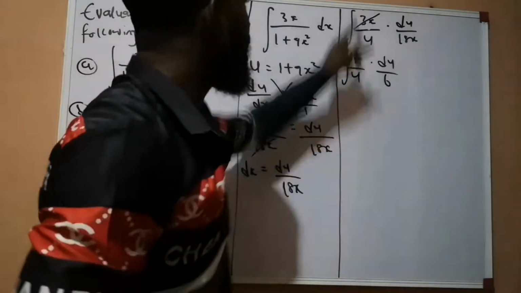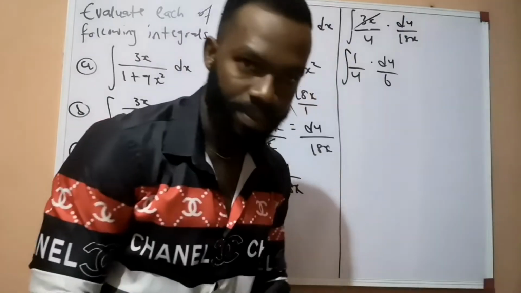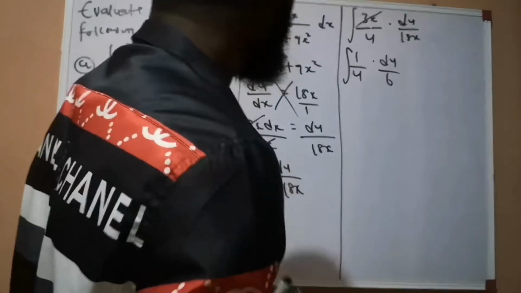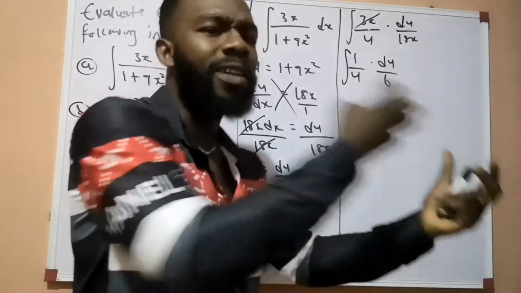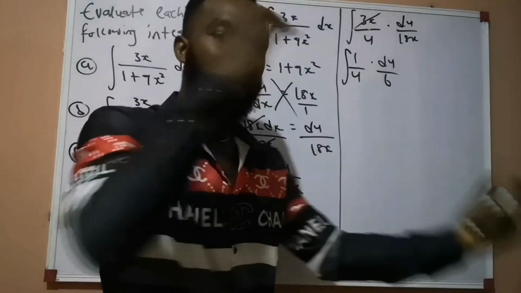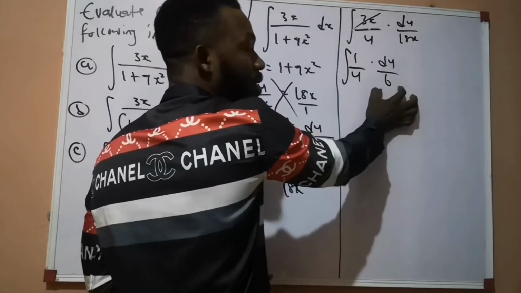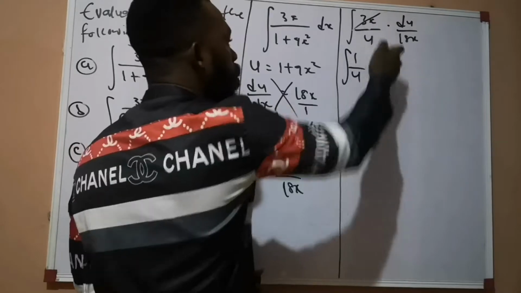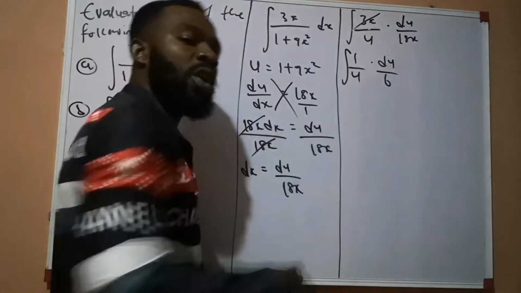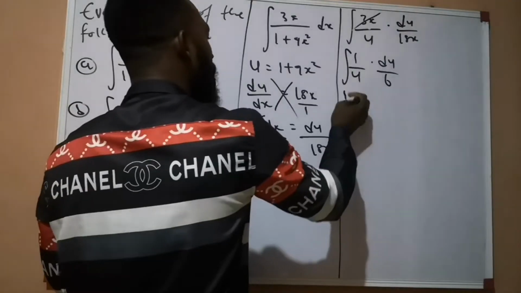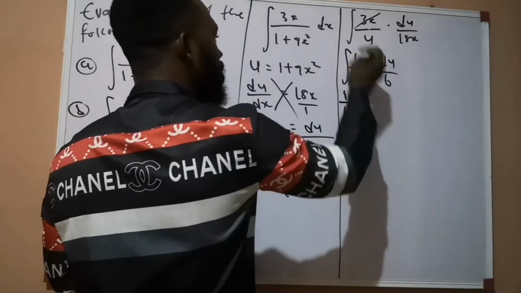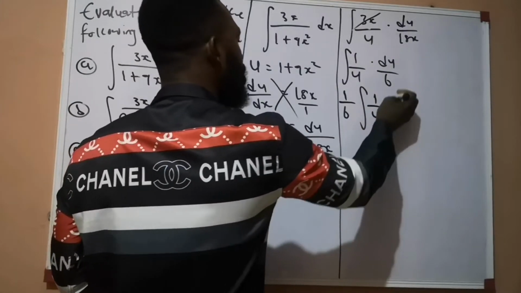So 3x cancels 18x 6 times. Now the next thing to do is to factor out our constant, which is 1 over 6. If we bring 1 over 6 out, it becomes 1 over 6 times the integral of 1 over u du.